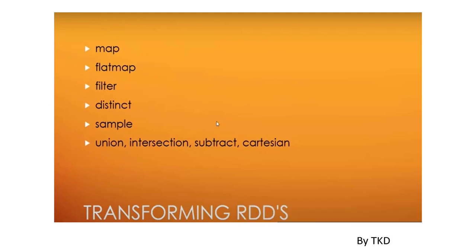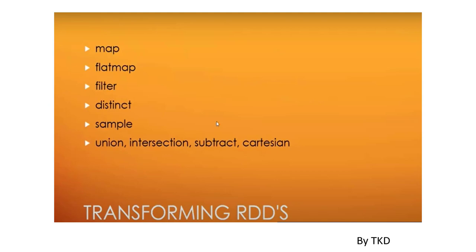Or I might want to output multiple lines for each line of my input RDD. So if you don't have a one-to-one mapping between the initial RDD and the final transformed RDD, then flatMap is your friend.